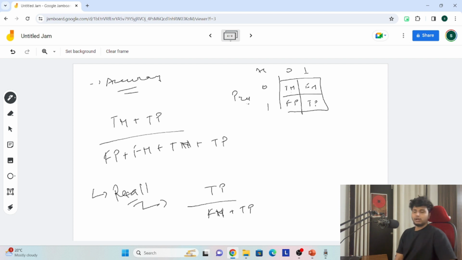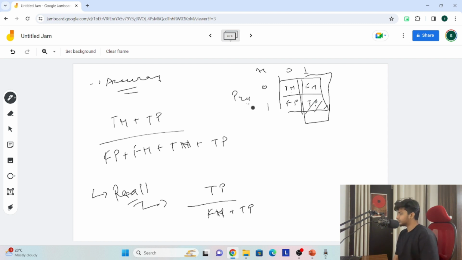This is my recall, and you can remember it like this: it's recalling, out of the actual correct values, how many of them you were able to classify. Actual one values were this, how many were you able to classify? True positive upon total value, false negative plus true positive.